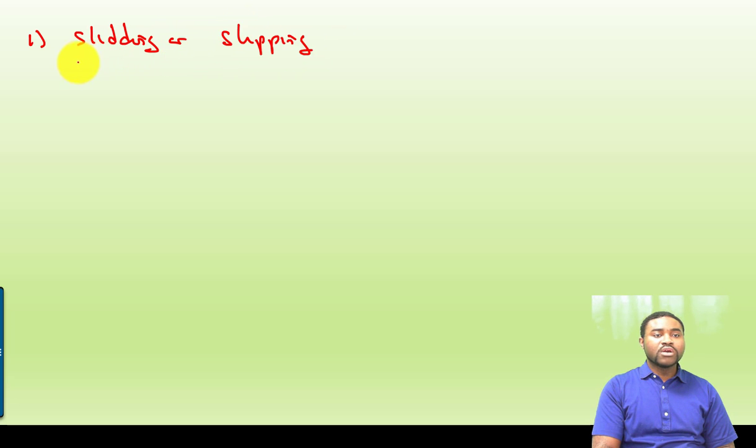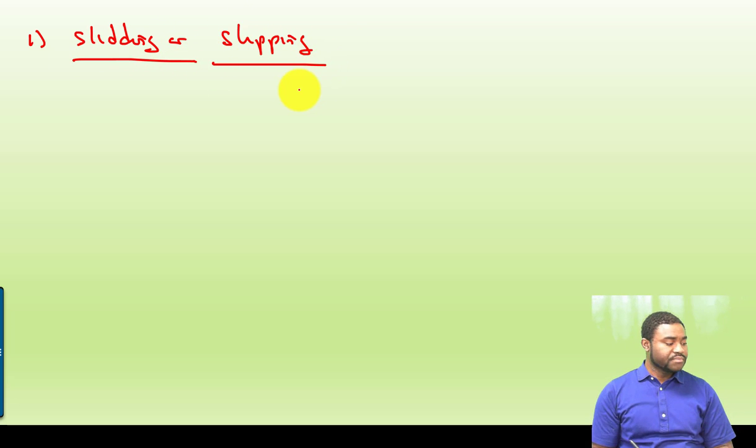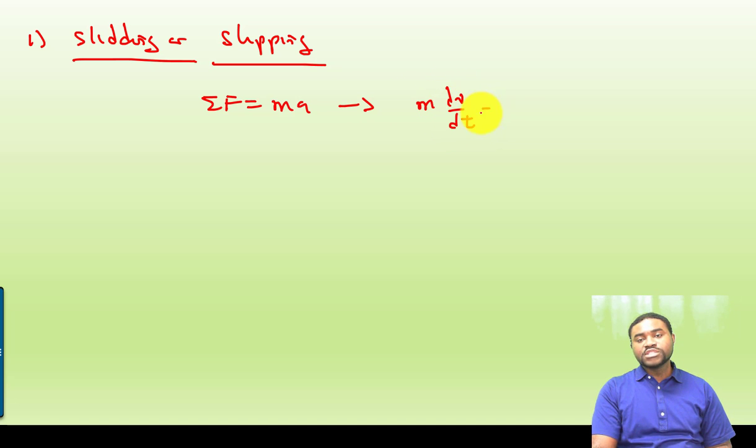For example, for sliding or slipping, when an object slides or slips, the equation of motion that applies is Newton's second law for translation, F equal to ma, which basically gives us m dv/dt equal to F net.